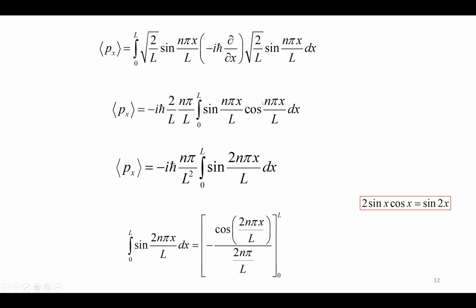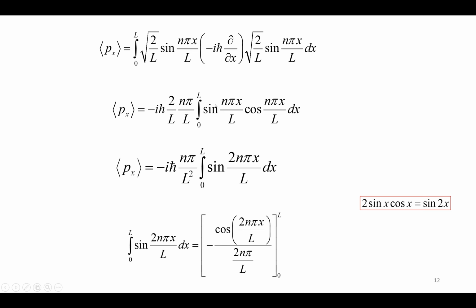So we will get cos nπx by L multiplied by nπ by L. So we will have minus iħ times 2 by L times nπ by L, and sin nπx by L cos nπx by L dx.